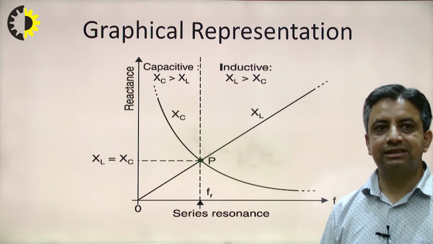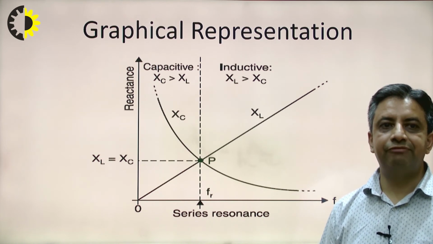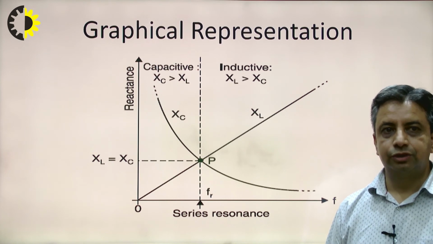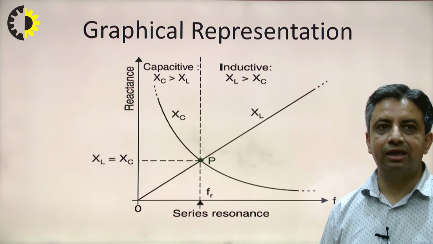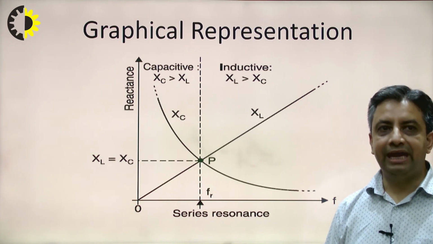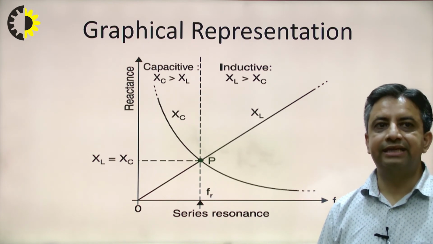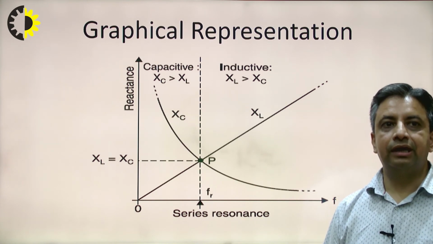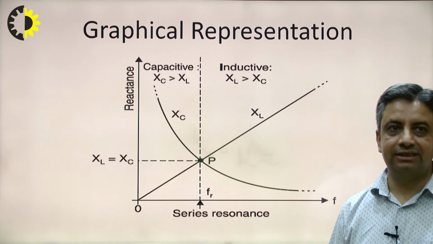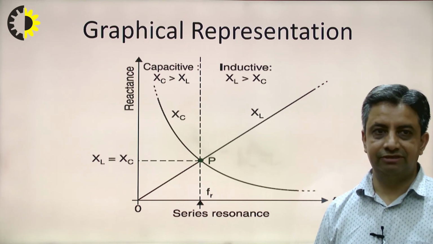Let us discuss the first scenario, when the supply frequency is less than Fr. In this region, the value of XC is greater as compared to XL. So the net reactance will be negative and the circuit will behave as a capacitive circuit.